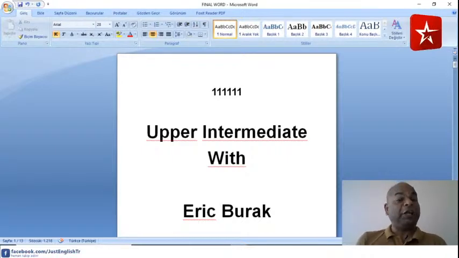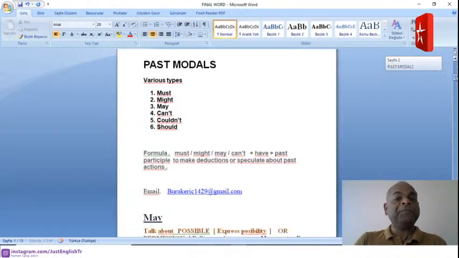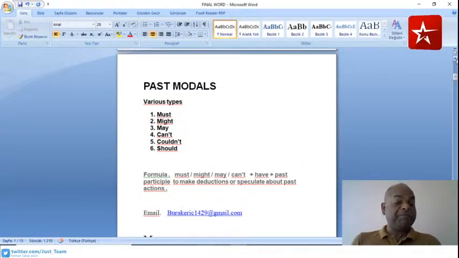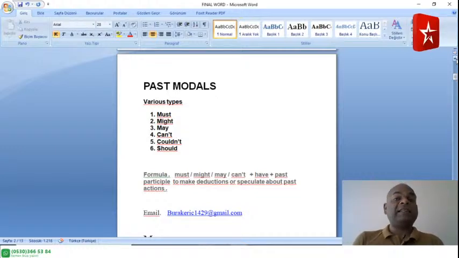I'm going to explain to you about modal verbs, and then later we're going to start studying together. So it should not be a problem for you. For example, if you were not able to understand any past modal verbs before, now is the right time for you to understand.